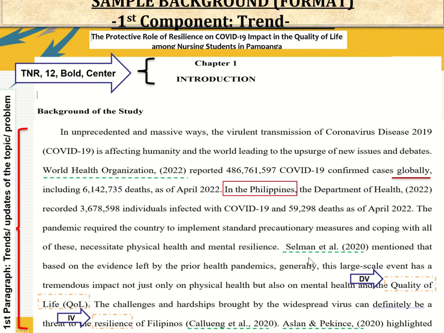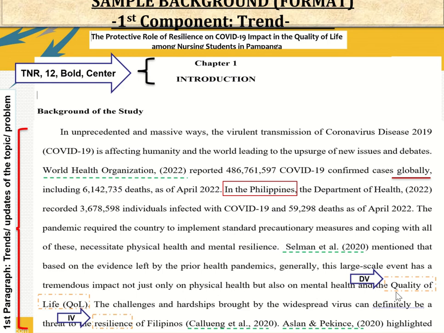And then, take note, so ito yung ating mga references. So again, you must cite properly, such as itong mga naka-underlined, colored green na broken lines. And then, here, yung naka-orange na box naman, these are the variables, no?